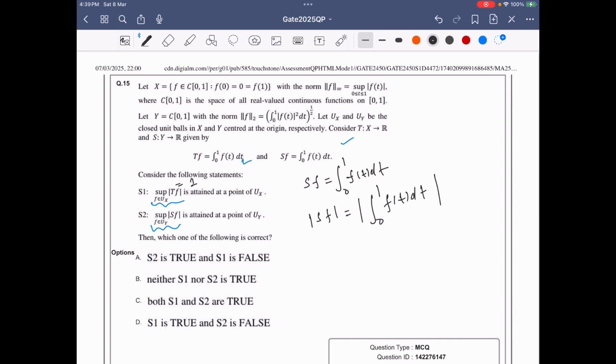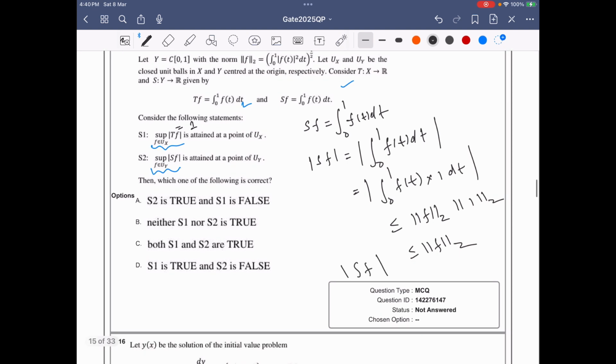Here you can apply the Cauchy-Schwarz inequality, because this is nothing but the mod of the integration from 0 to 1 of f(t) multiplied by 1 dt. And this is nothing but norm of f 2-norm, times norm of 1, which is 1. So mod Sf is less than or equal to norm of f 2-norm.